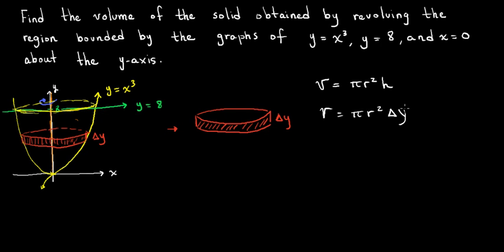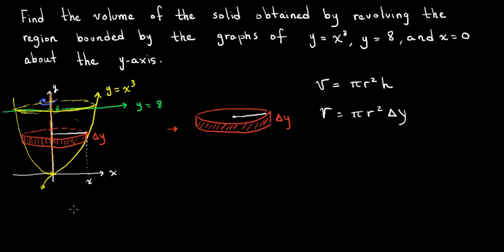Now, since it's a delta y, I need my radius in terms of y. My radius is the distance from the center to one of the edges. If I go back to my picture and move out to the edge, I'm going some distance of x. I need a formula for x. Well, I have y equals x cubed.